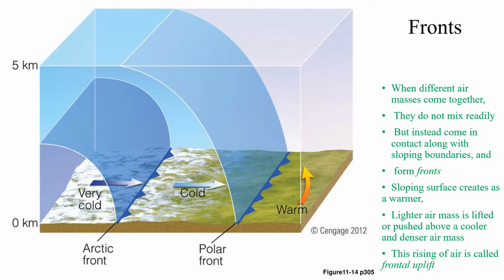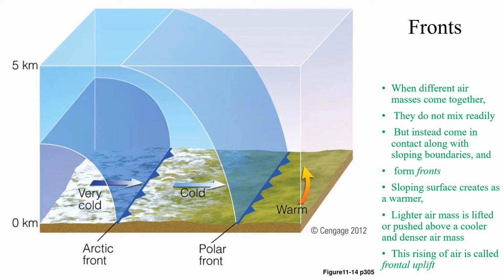The polar front boundary extends upward more than 5 kilometers or 3 miles from the surface, and it also separates the warm, humid air to the south from the cold polar air to the north.